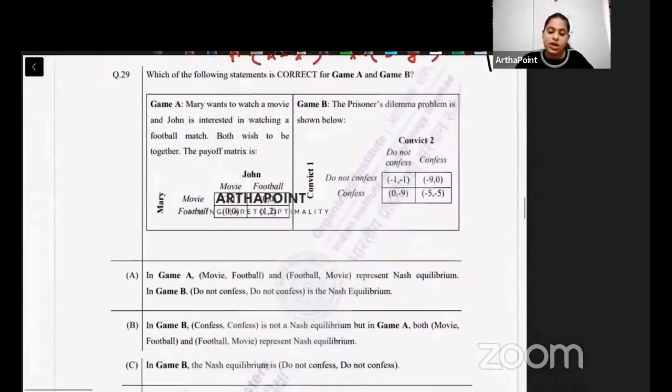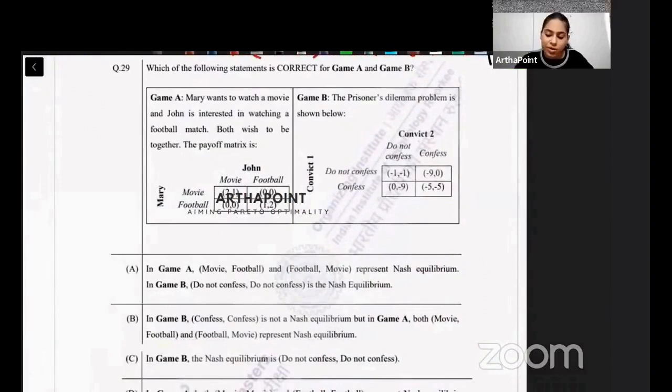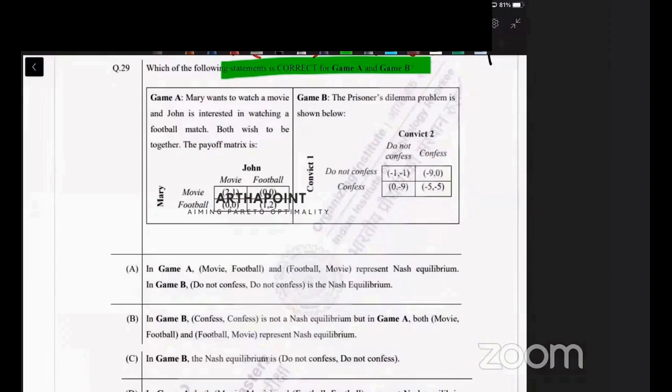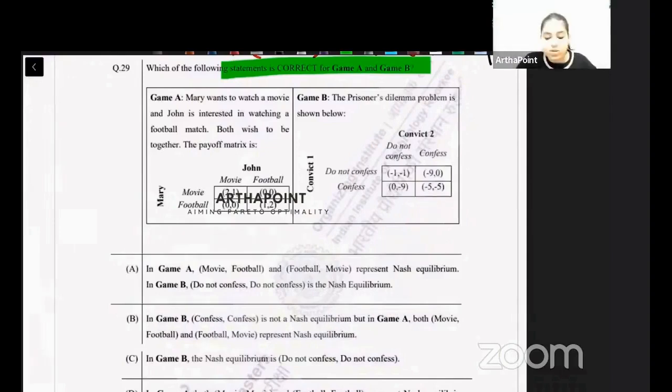Okay. Now come to the next question. Which of the following statements are correct? And they have given a game of two individuals, A and B. Now, what I want you to do here is understand that although this is a very basic question, it may happen that in the exam next time, we may be given mixed strategies.